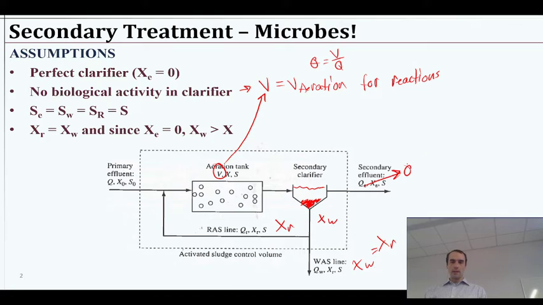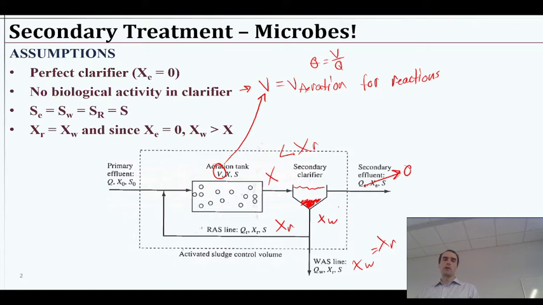Of course, XE we already said was 0, and so that also means that whatever X this is, which is actually just X right here, is not equal to XR, right? We know we've concentrated it because we've had separation in the clarifier. So in fact, we could say that for sure, XR, or XW, is always going to be greater than X because we are getting rid of some of the water and keeping only the bacteria to an extent.